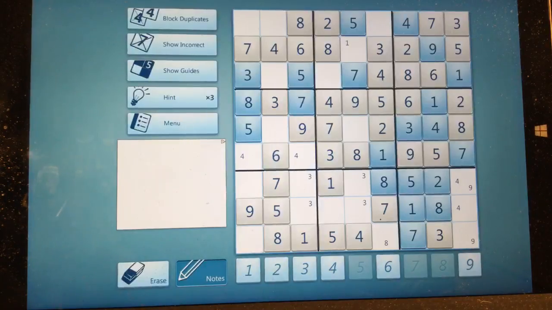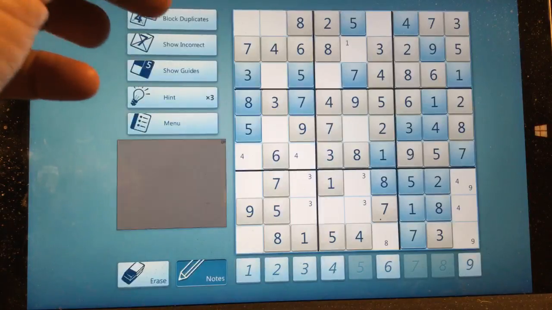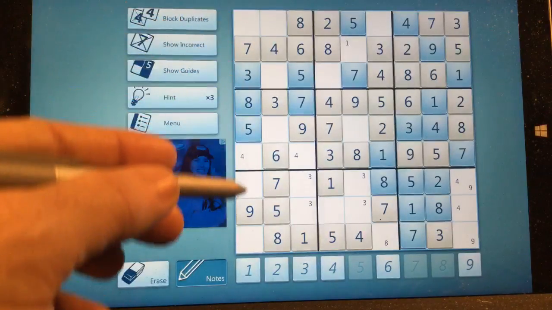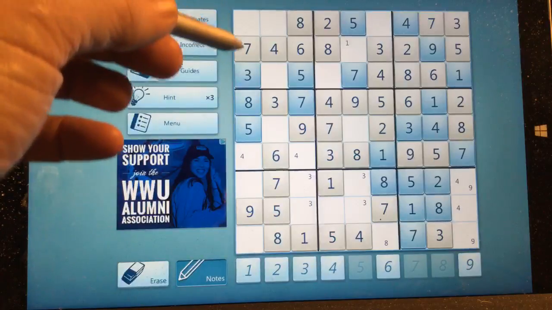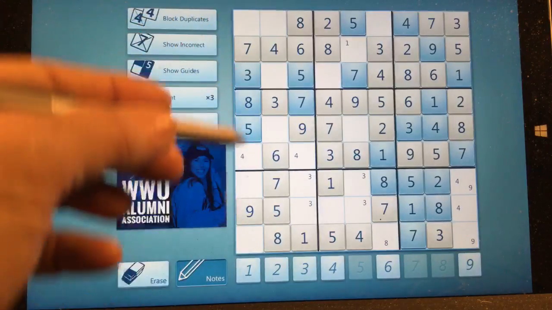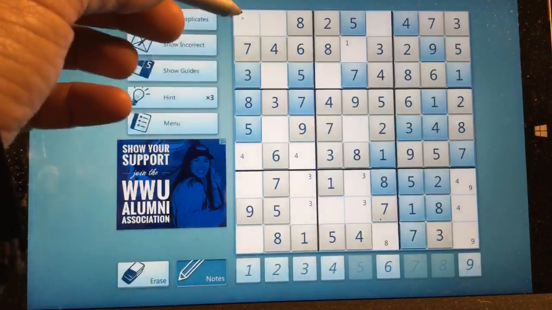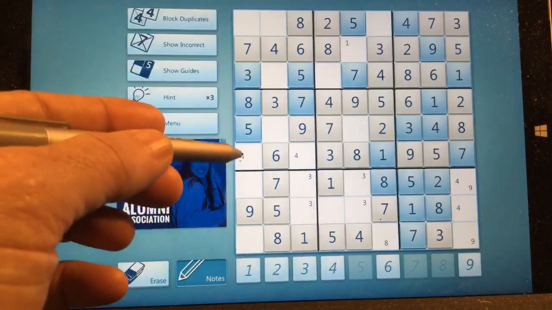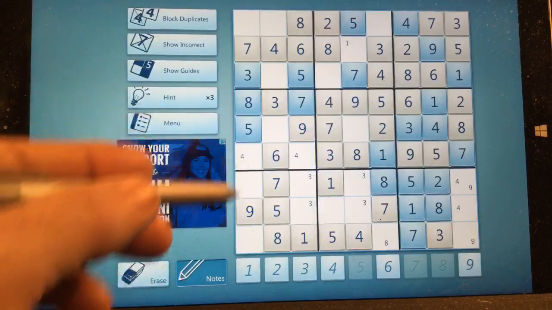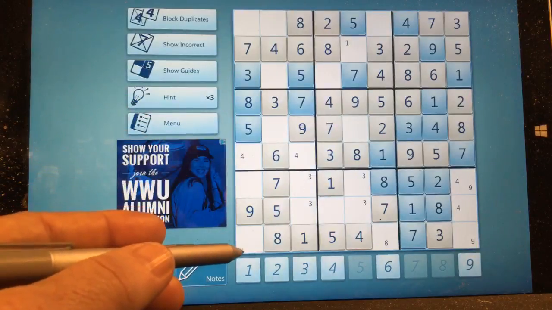We cannot write it. If we wanted to go based on columns, this far left column of cells, the 4 cannot be there. We know the 4 can be there. The 4 cannot be there.